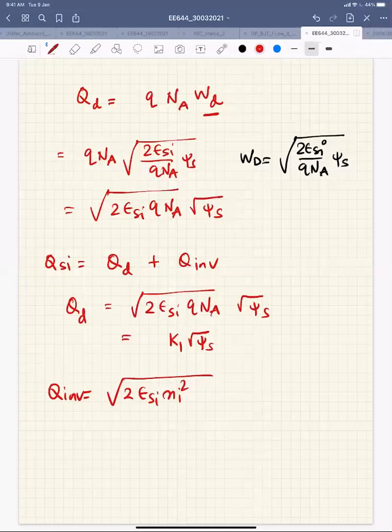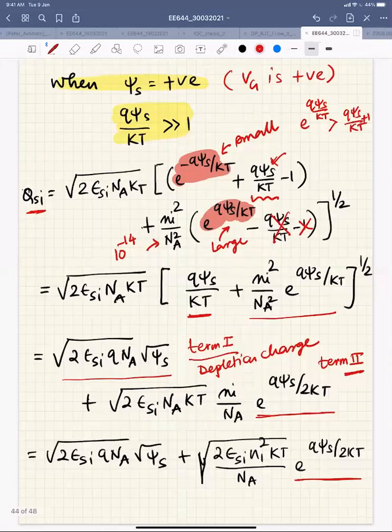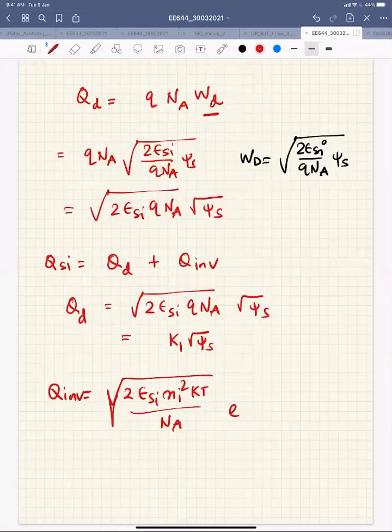That is ni square kT over Na, times e to the power q psi s by 2 kT. If you look at this term, this is also constant because once the transistor is fabricated, this is also constant. So this is K2 times e to the power q psi s by 2 kT.